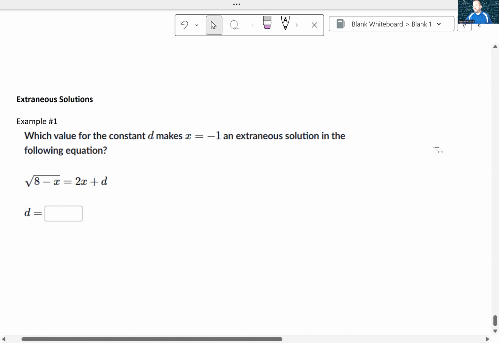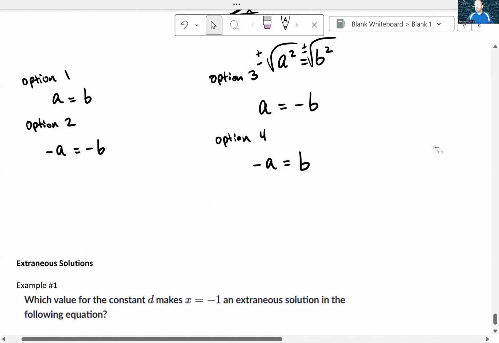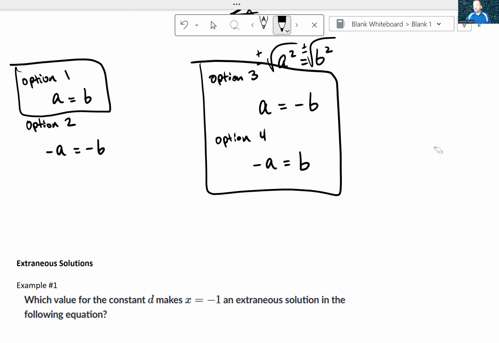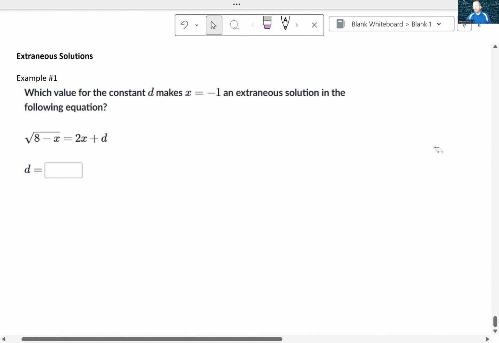So basically we're going to set up the equation so that the original equation is option one that they give us, a true statement. Then we'll switch it around so that it matches option three or option four. I'll show you how to do that in just a second.